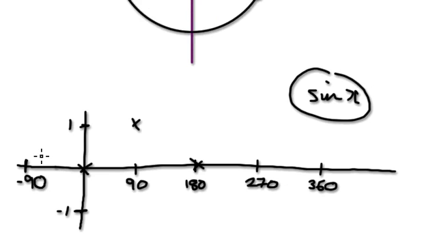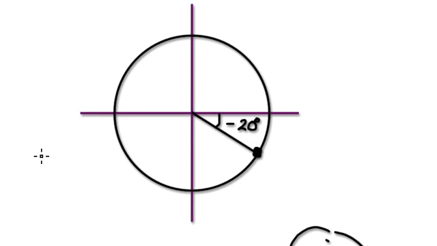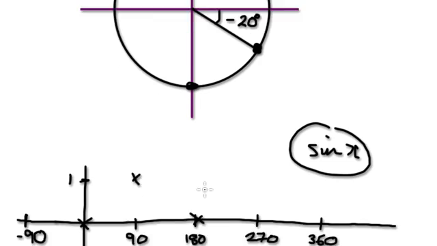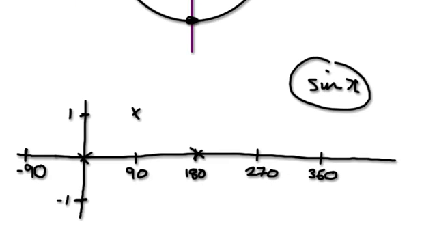Well, let's look at our diagram to see what negative 90 really means. 90 would be from here to here, but we don't want 90. We want negative 90. Negative 90 is pretty much the same as 270. This is 270 here. But we want negative 90, so the height will be negative 1.